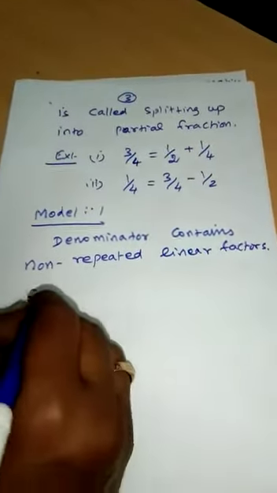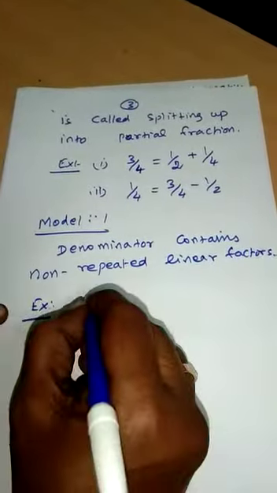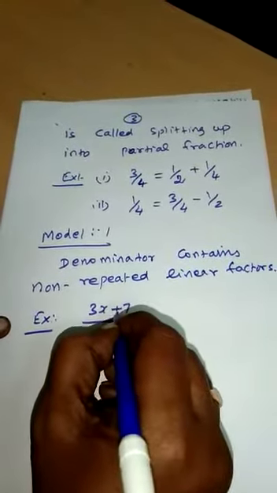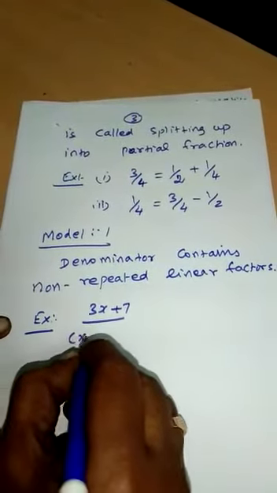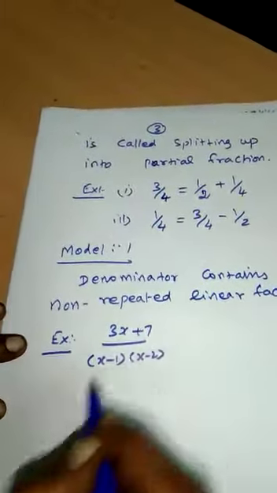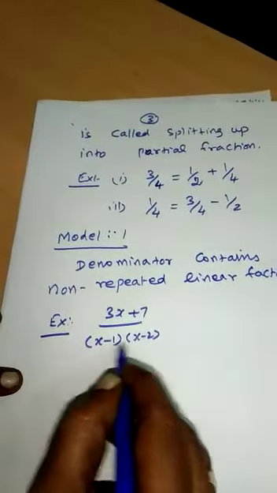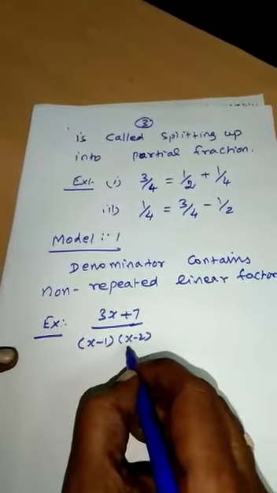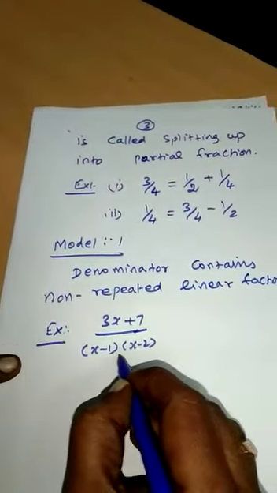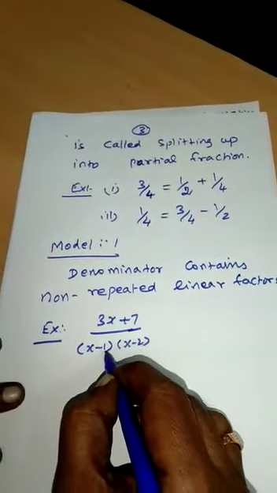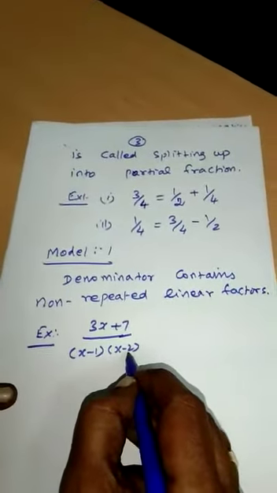Example: 3x plus 7 is p of x. x minus 1 into x minus 2 is the denominator, it is q of x. That is, the denominator is of two factors, x minus 1 one factor and x minus 2 another factor.